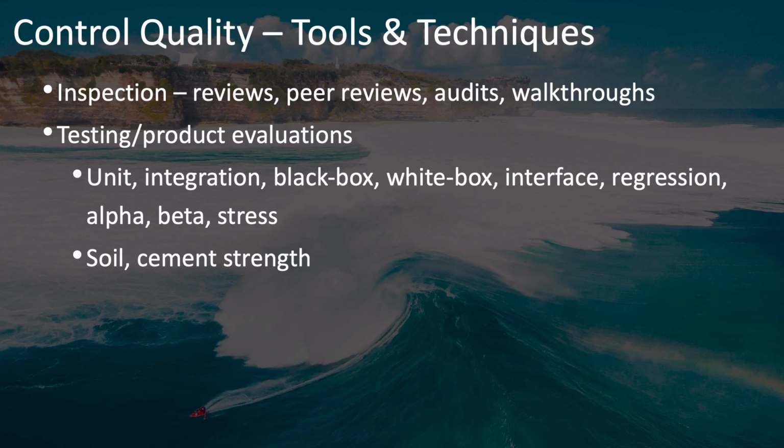In particular, if you're looking at software development, you have different types of testing such as unit testing to test individual components and integration testing to see how those components work together. There's black box testing in which you check to make sure that it functions the way that it should, but without knowing exactly what's going on inside.